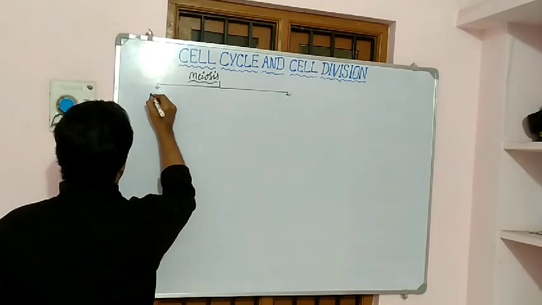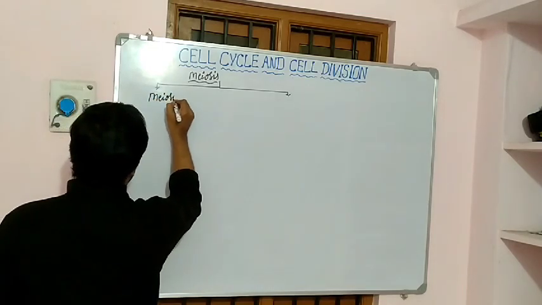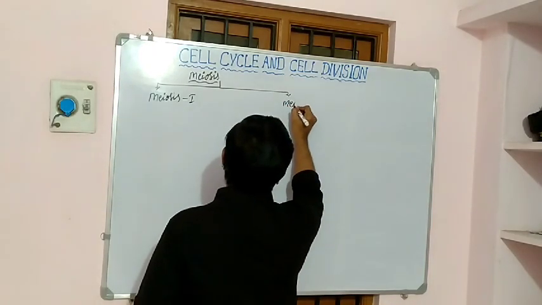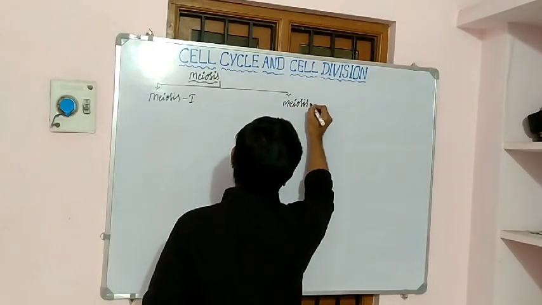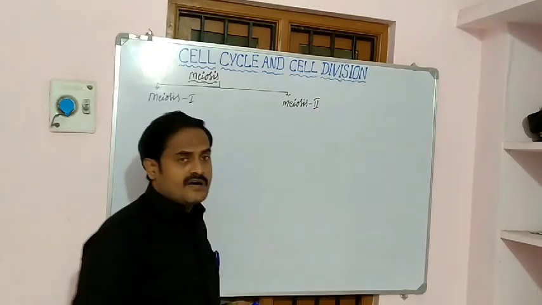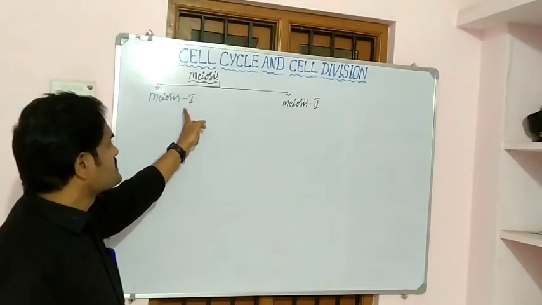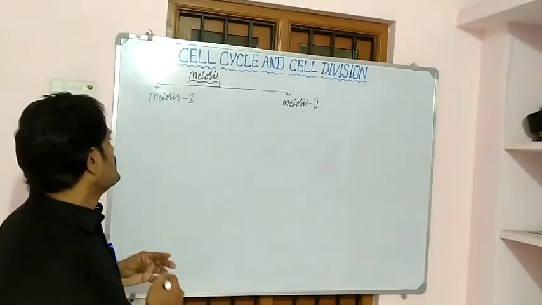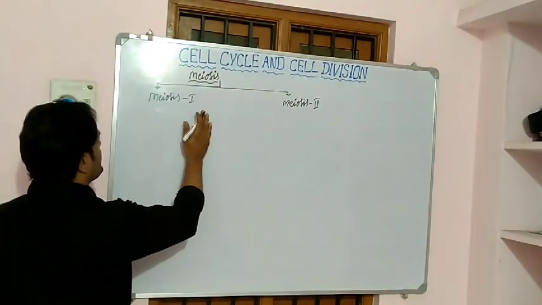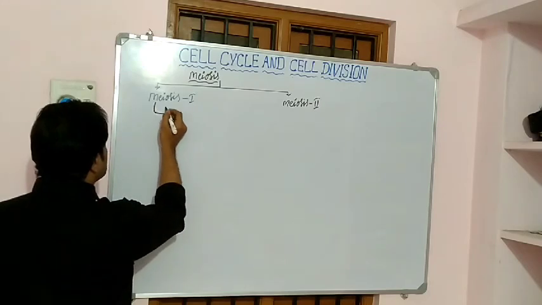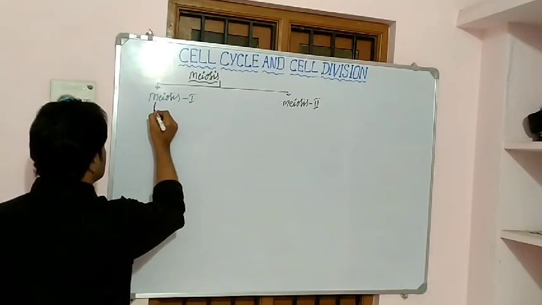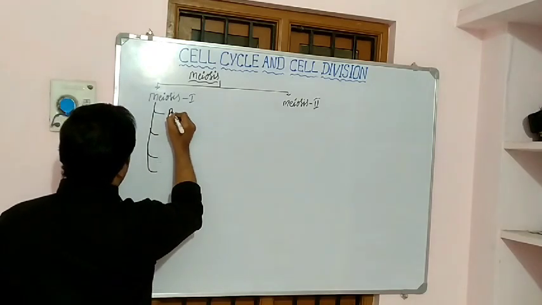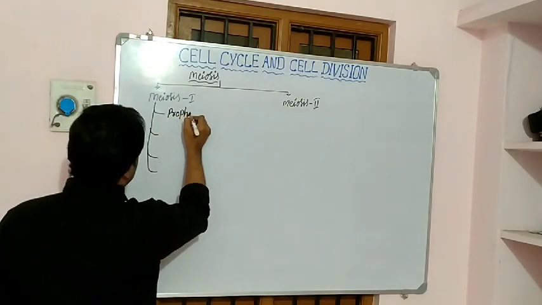One is meiosis 1, and the second one is meiosis 2. Meiosis is divided into two types. What are they? Meiosis 1 and meiosis 2. This meiosis 1 again divides into different phases, majorly 4 phases. One is prophase 1.